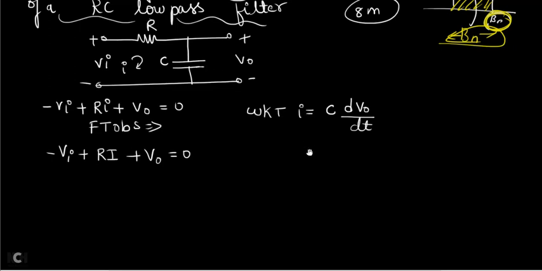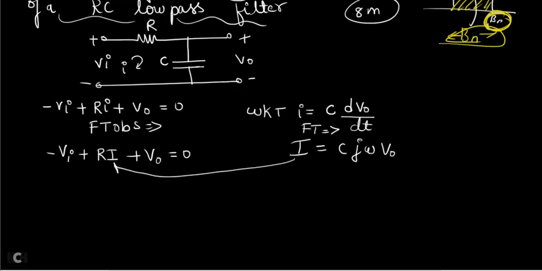Now you take Fourier transform on both sides of this equation. Capital I is equal to C into the Fourier transform of d by dt. If you take a Fourier transform on both sides, d by dt becomes j omega into V0. Remember, for differentiation, the Fourier transform will give you j omega V0. Now this I, can you substitute here?